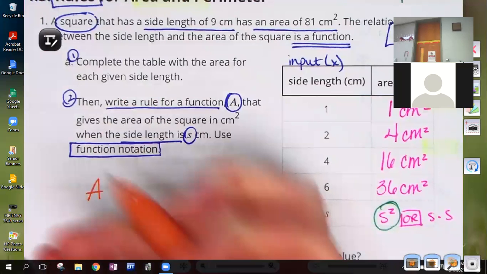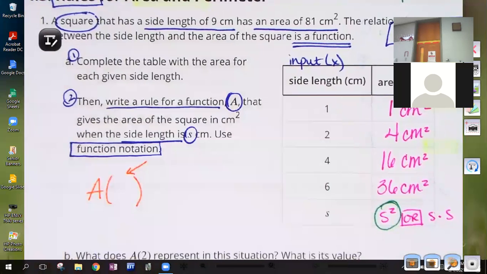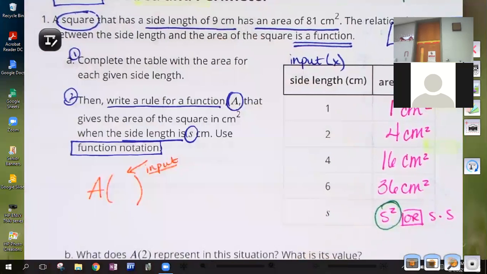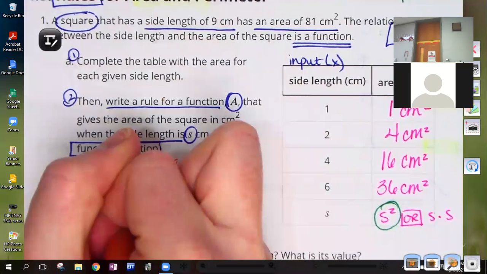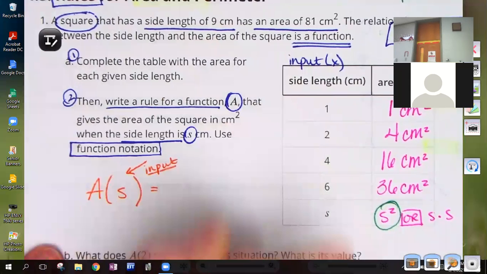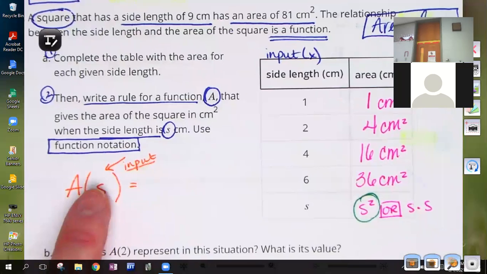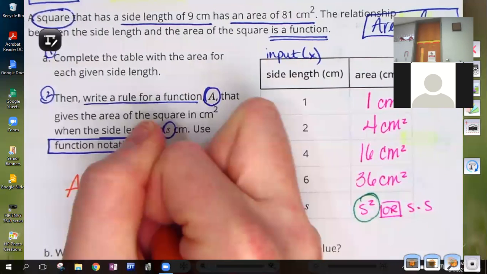Now we have the parentheses. What always goes inside of our parentheses? The input. What is our input talking about? The side length. And what variable did they want us to use for side length? S. All right. Now, what did we do to our input or our S value every single time to produce our output?